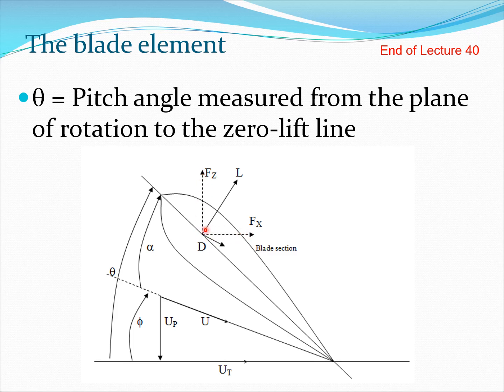These forces Fz and Fx are going to let us calculate the rotor thrust and the rotor drag. Rotor thrust is of course something we want to calculate. Rotor drag is going to let us calculate rotor torque, and that in turn is going to let us calculate rotor power.